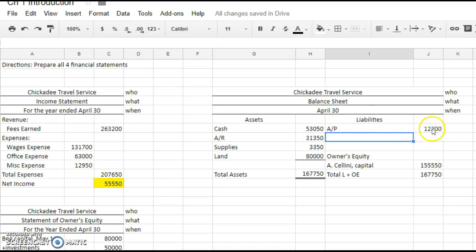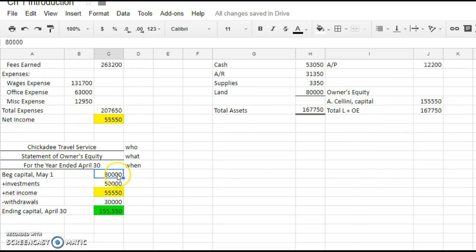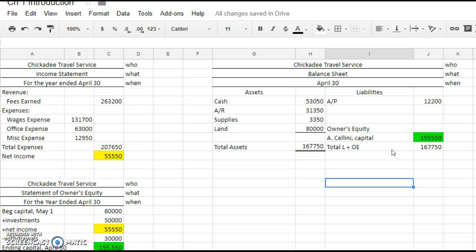But since we only have one, we're good. And then your ending capital, you do not put your beginning, you put your ending capital. So this number goes here. Okay, so owner's equity, only one account, that's your capital. Everything else has been dumped into it.